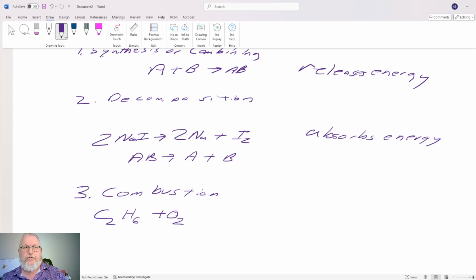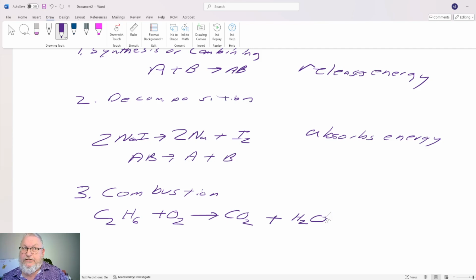Oxygen gas, O2. Okay. Again, that's one of those diatomics. So it's going to yield 2 specific things. It's going to produce carbon dioxide and water vapor, H2O. That's what it's going to make.